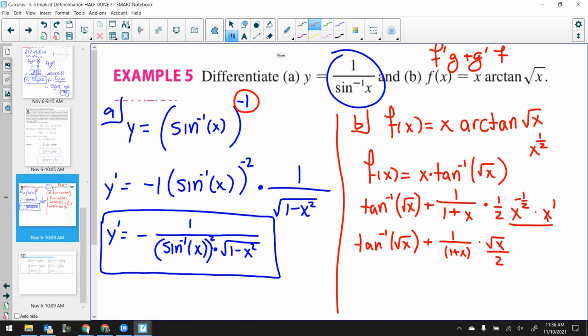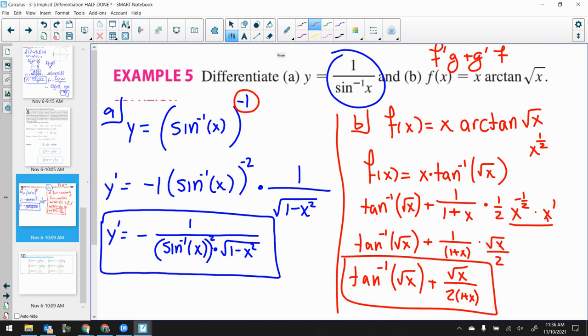Now don't forget the 1/2 sitting out front. So it's the square root of x over 2. Okay, now I'm just going to multiply. So we got inverse tangent of the square root of x plus the square root of x over 2, 1 plus x. And you know what? That's where I'll leave it.